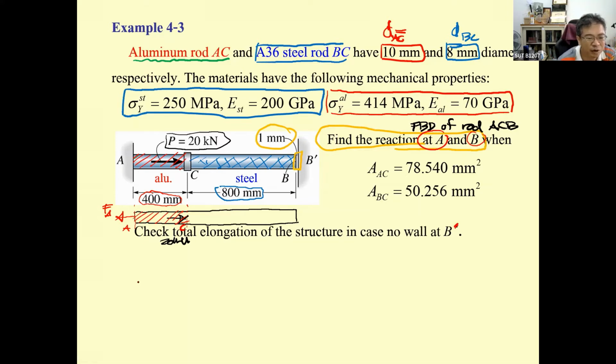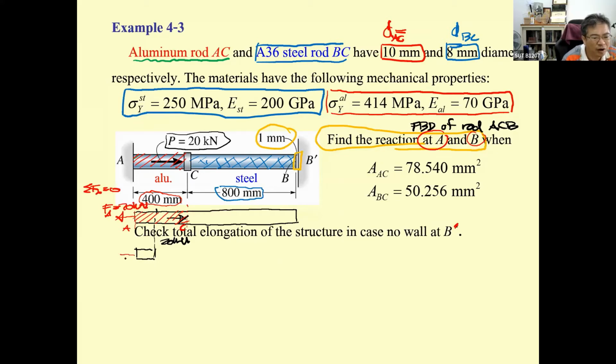When we check the total deformation, we're going to cut this one and draw the free body diagram. This one, you may say summation of F sub x equal to 0. So based on this, F sub A is going to be 20 kilonewton.